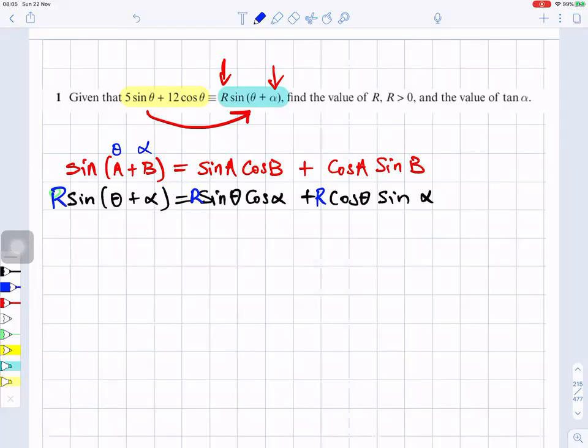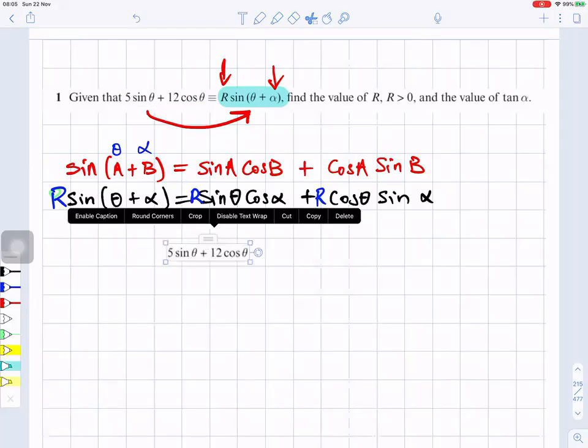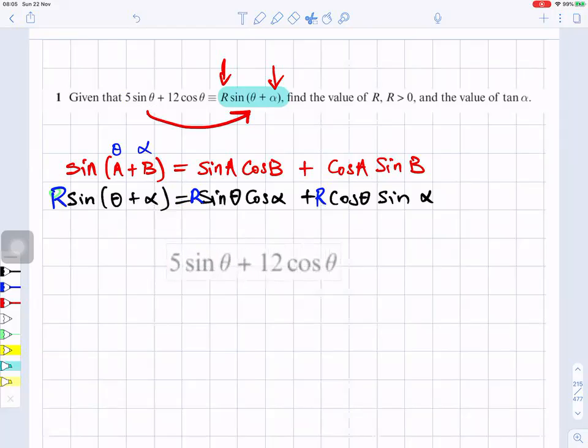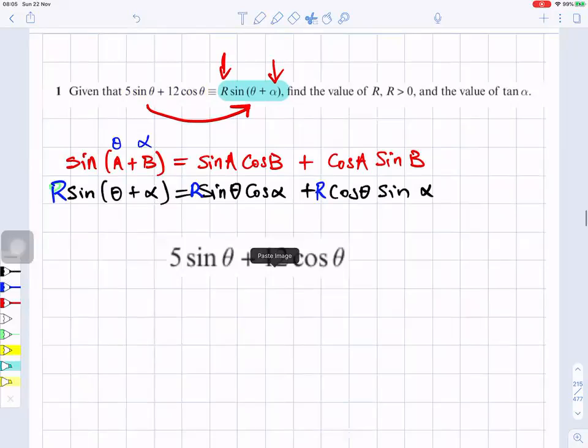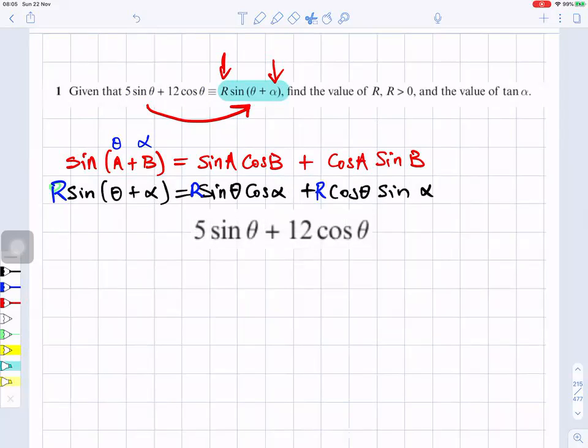Now, we want to compare it with the thing that we had originally. We had originally 5 sine theta plus 12 cos theta.